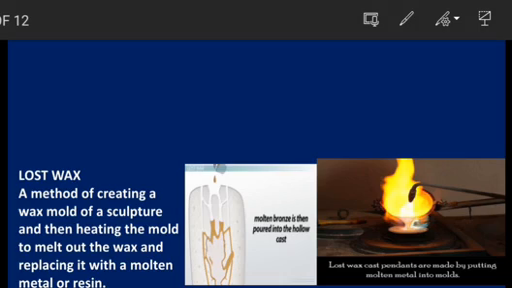The next word is lost wax: a method of creating a wax mold of a sculpture and then heating the mold to melt out the wax and replace it with molten metal or resin. Yes, you are seeing two images.